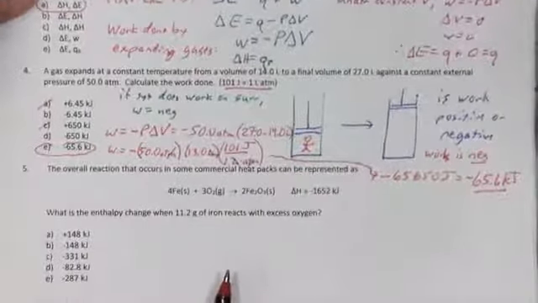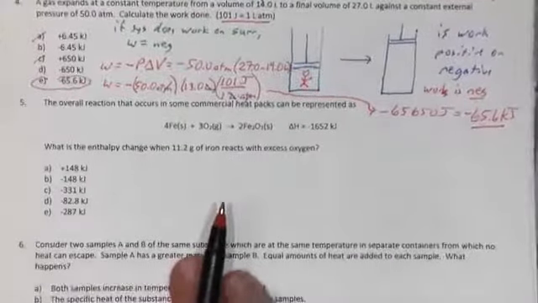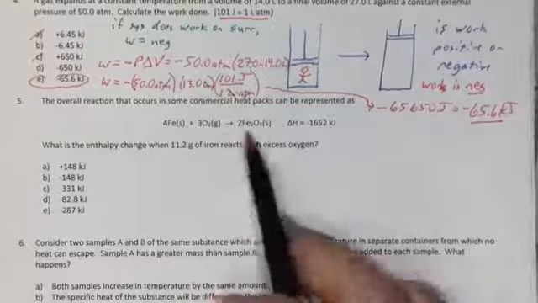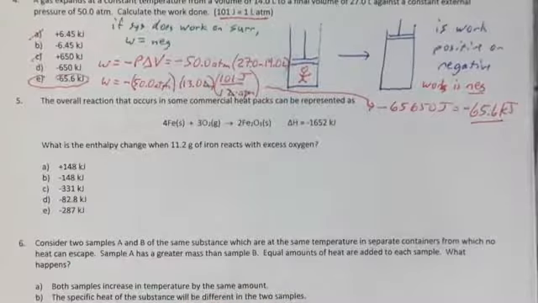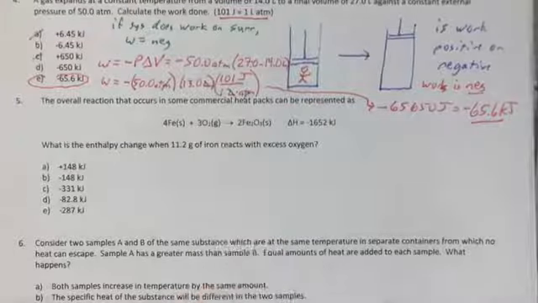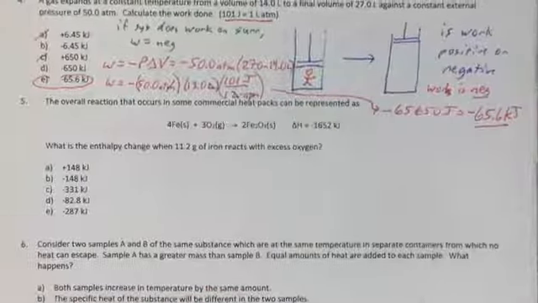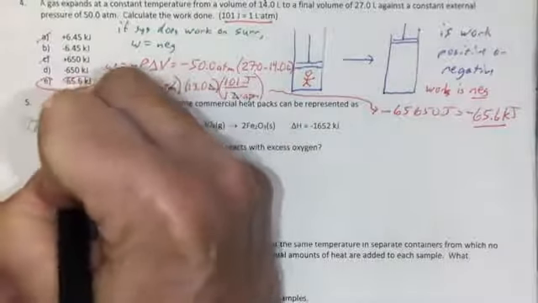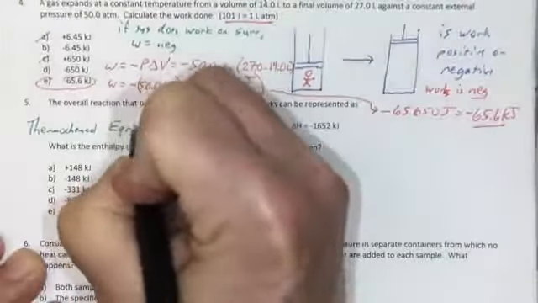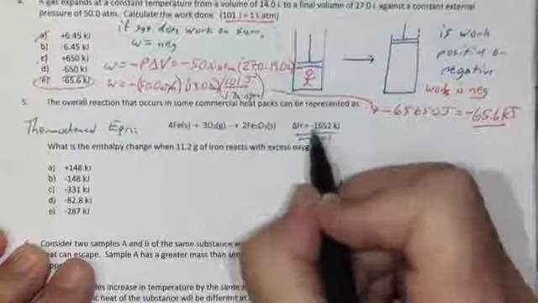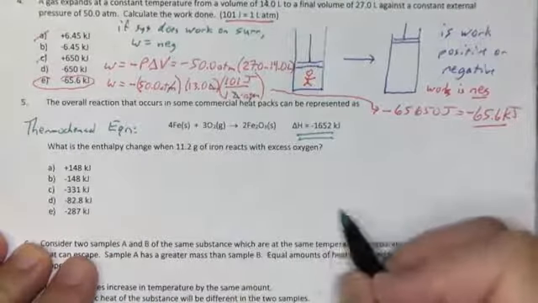Okay. Number 5 says the overall reaction that occurs in some commercial heat packs is represented this way. What is the enthalpy change when 11.2 grams of iron reacts with excess oxygen? Now, first of all, I want to point out that this is a thermochemical equation. A thermochemical equation is a balanced equation that has the delta H, the enthalpy change, written out to the side of it.